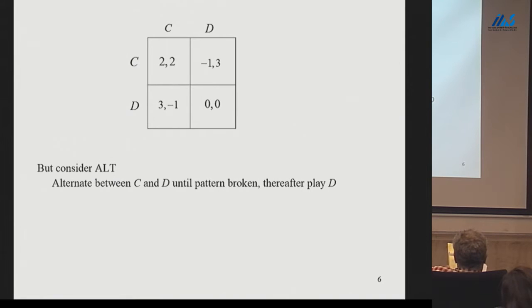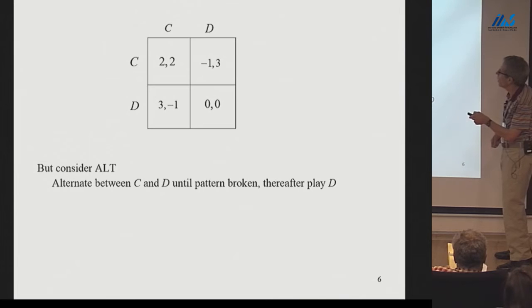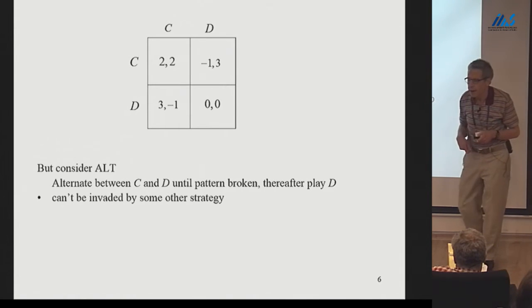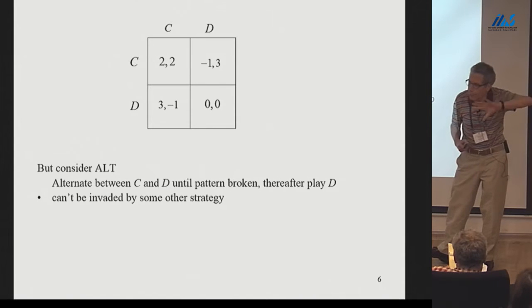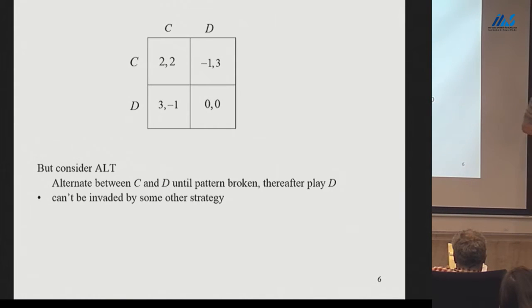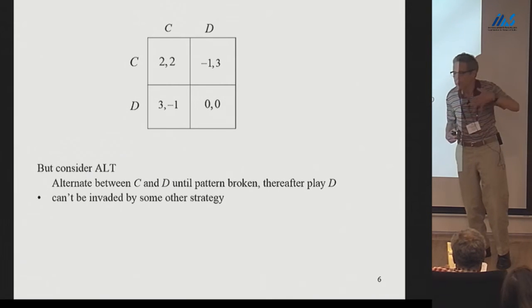What it does is it goes back and forth between cooperating and deviating. So in the first period it cooperates, then it deviates, then it cooperates again. It goes back and forth until somehow the alternating pattern is broken. Perhaps the other player fails to go back and forth between C and D. And then after the alternating pattern is broken, alt plays D forever after.